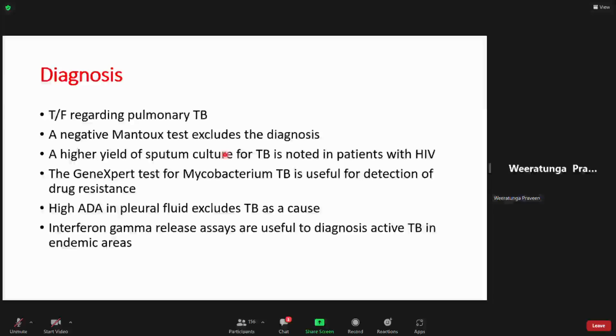That's the only thing it tests. It just tests the immune response against TB. So it is not a diagnostic test for TB. So a negative Mantoux test does not exclude the diagnosis.